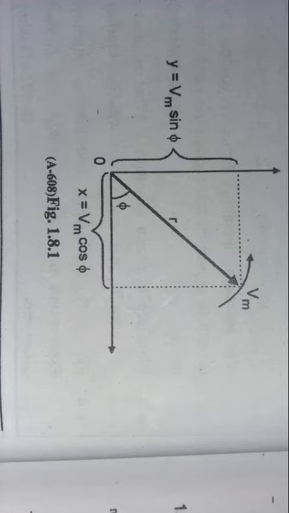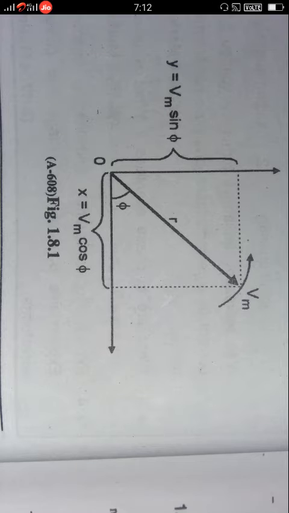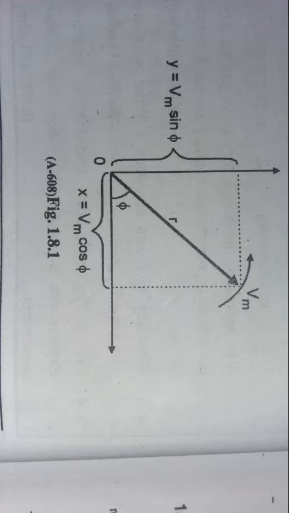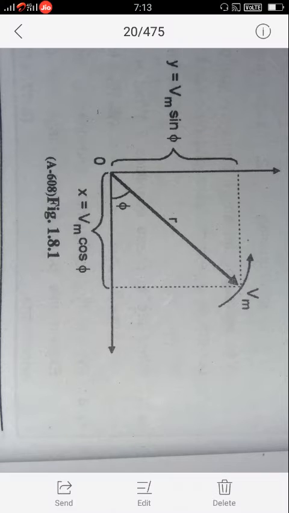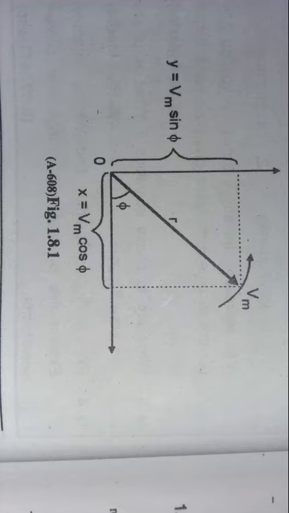The magnitude of this phasor Vm is represented by the letter R, and on the x-axis the value of x is calculated as x is equal to Vm cos phi, and on the y-axis the value of y is calculated as Vm sin phi.